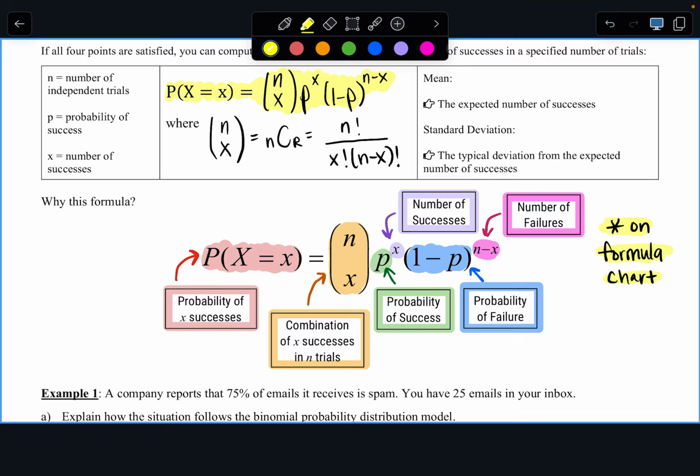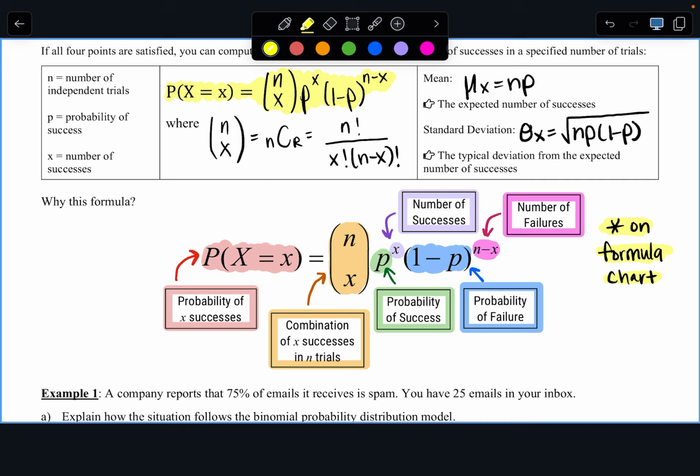So if you know that you're supposed to be doing a binomial probability, you just go to where it says that, and this formula is right next to it. The other things that they give you are the mean formula, n times p, and the standard deviation formula, square root of np(1 minus p).